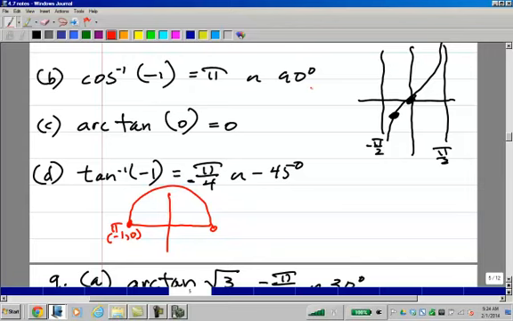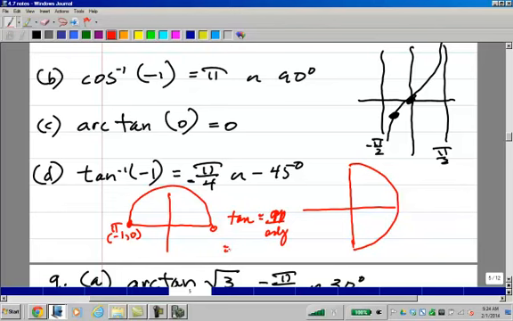Okay, now the arctan of 0. So let's think about where the tangent is going to be 0. Now, we're only considering the right-hand hemisphere for the tangent. The other way to tackle this is that tan equals opposite over adjacent. It equals y over x.